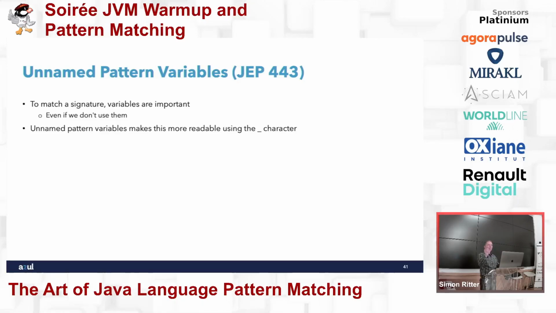And then only the things that you want to reference, you give a type and a variable name. That way it becomes cleaner in terms of what you're looking at, and you can identify the things that you actually want to get access to.